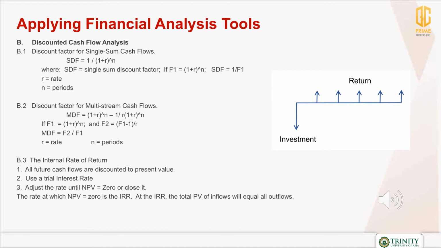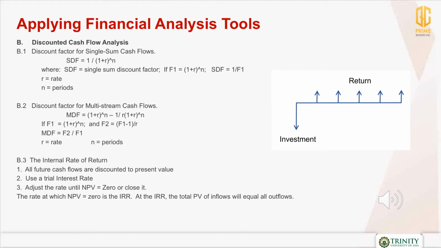For multi-stream cash flows, this is the formula for the discount factor. MDF is equal to the quantity 1 plus R raised to the N minus 1, over R times the quantity 1 plus R raised to the N. If F1 is equal to the quantity 1 plus R raised to the N, and F2 is equal to the quantity F1 minus 1 over R, remember that F2 is our annuity factor or the future value of an annuity, then the MDF is equal to F2 over F1.